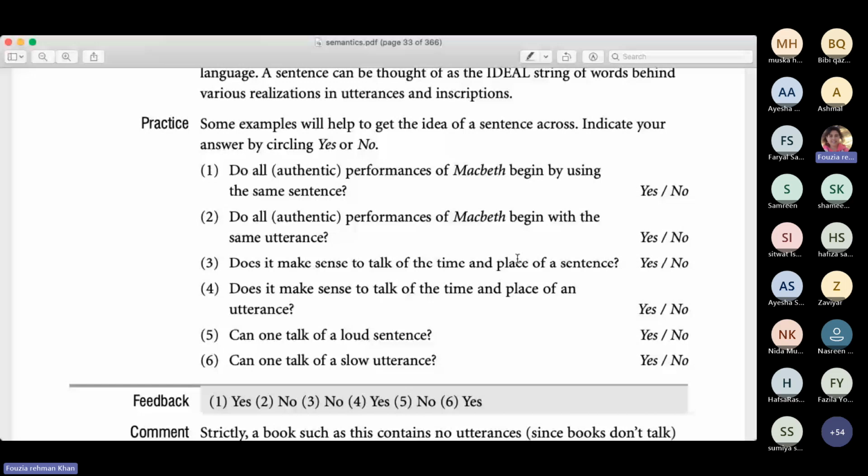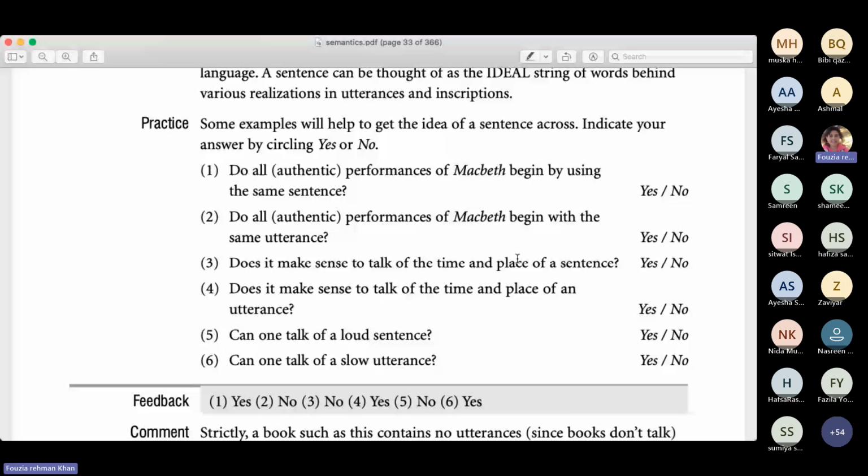There were different people who played the role of Macbeth. So the same sentence, they will start it with fair is foul and foul is fair, hover through the fog and filthy air. The sentence remains the same because that has to be the opening of Macbeth. But the performance begins with different utterances. Every play of Macbeth will begin with different utterances, but the same sentence.